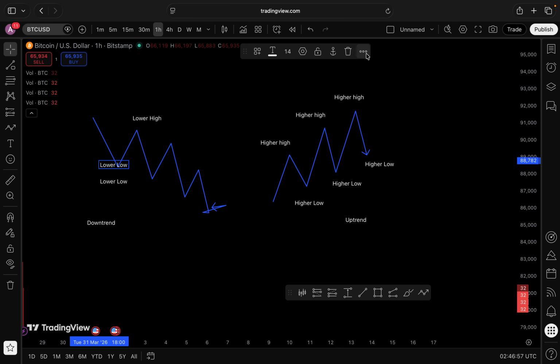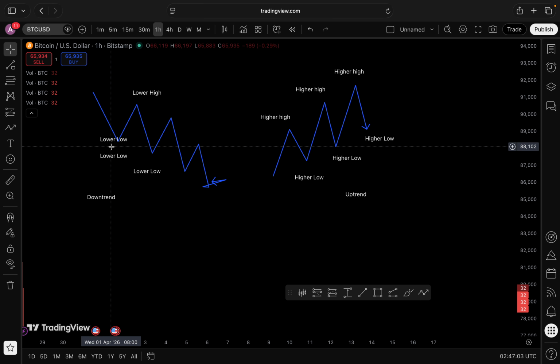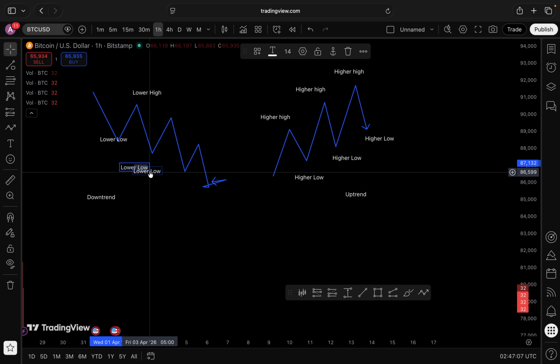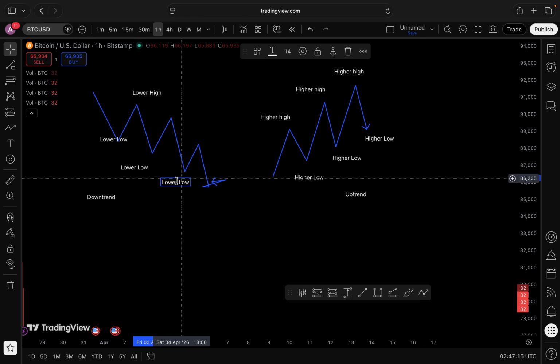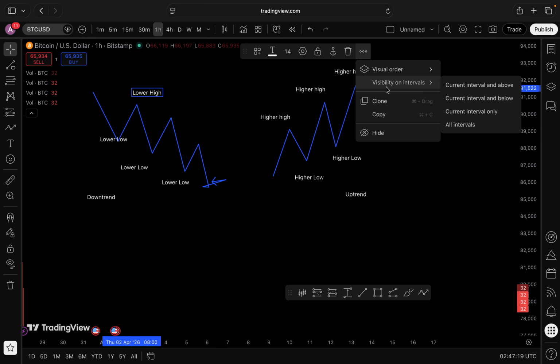Clone. Clone. Oops. Drag this one. Sorry, I'm still getting used to this MacBook, so it's a little weird. I'm so used to my PC.